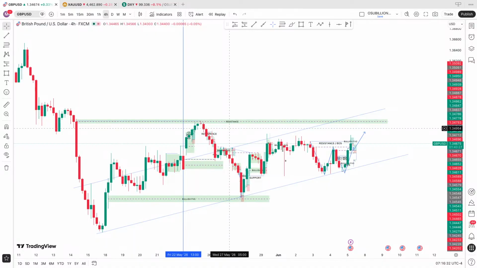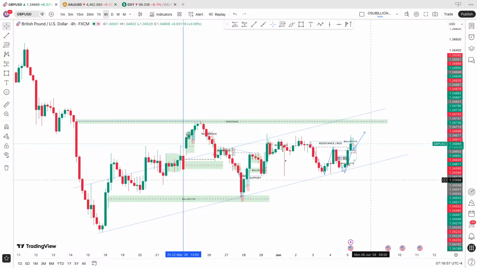It created this resistance. On a higher time frame, I am projecting based on this structure, because when we look at it, it actually came here and then bounced back. And we are looking out to retest the resistance level here, which is a key level and a point of interest for us.